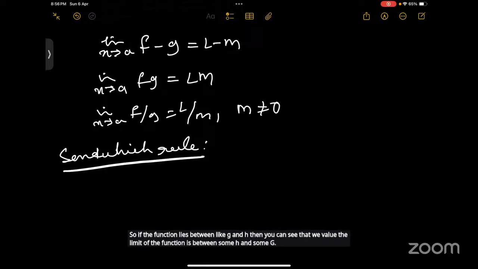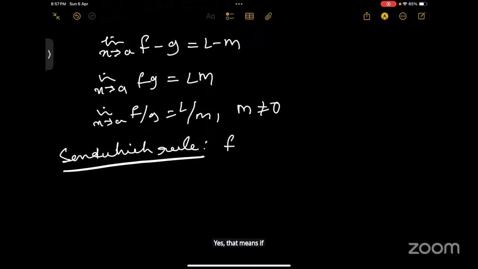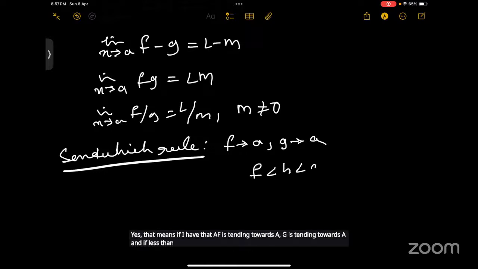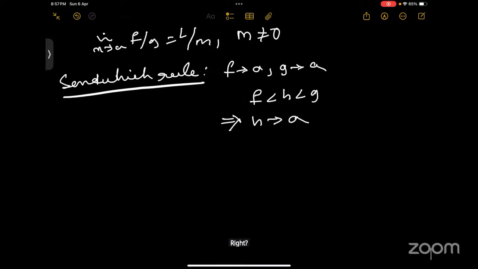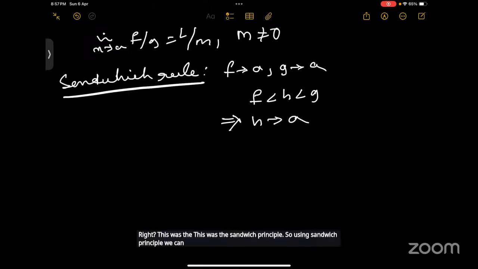Yes, that means if f is tending towards a, g is tending towards a, and f is less than h is less than g, in that case we can imply h will also be tending towards the same limit, right? This was the sandwich principle. So using the sandwich principle, we can solve so many things, right?